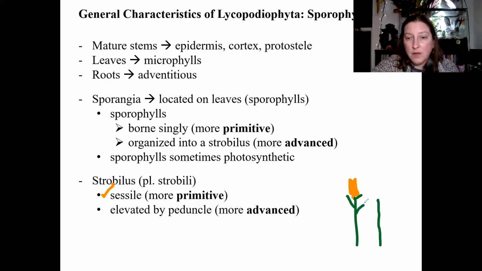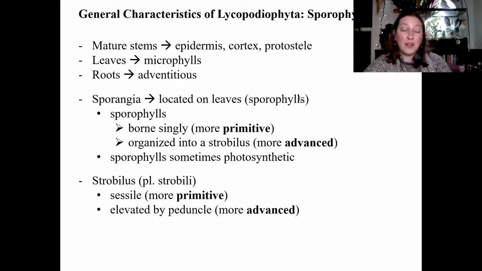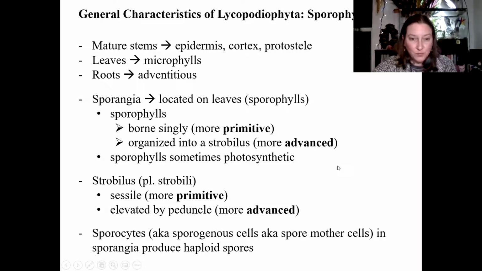Sometimes though, the more advanced lycopods will have their strobolus elevated by a structure called a peduncle. And in that case, it would look like this. There would be this long stick holding the strobolus way up there, and there wouldn't be any leaves really on that. Now that I drew those very good drawings, let's look at it on real.